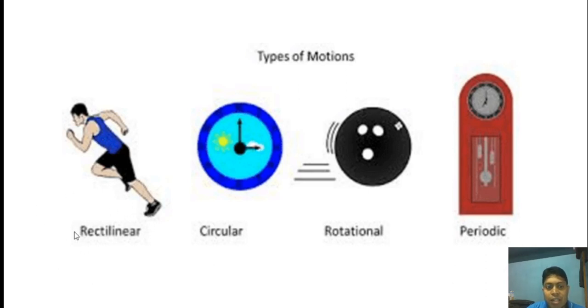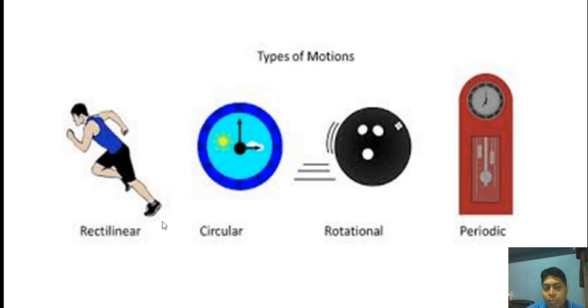Rectilinear motion means linear motion, or one-dimensional motion, meaning the change in position is only in one direction, maybe the x direction, maybe the y direction. For example, a moving train on a railway track. These are examples of rectilinear motion, linear motion, or one-dimensional motion.